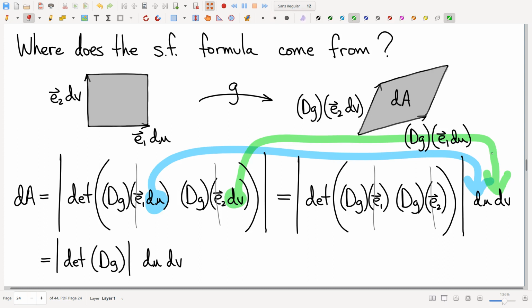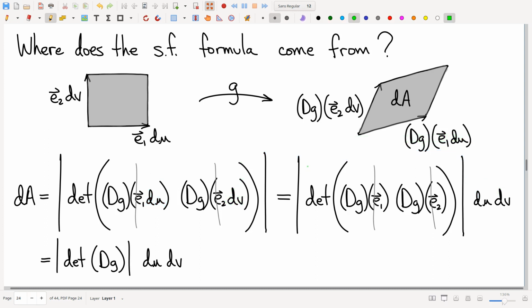Now, we look at this determinant right here. Well, actually, let's just look at this matrix right here. Real clever observation. What can I say about this matrix? Let's look at its first column. The first column of this green matrix, dg times E1.